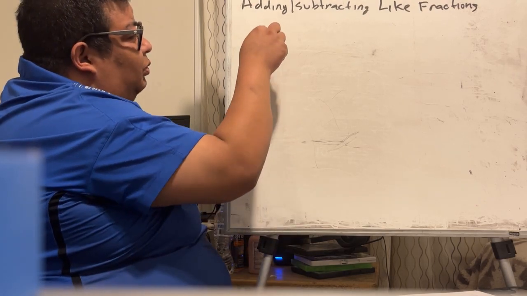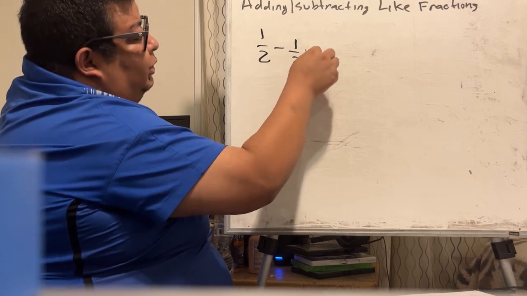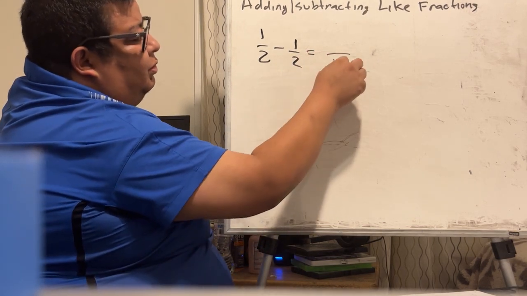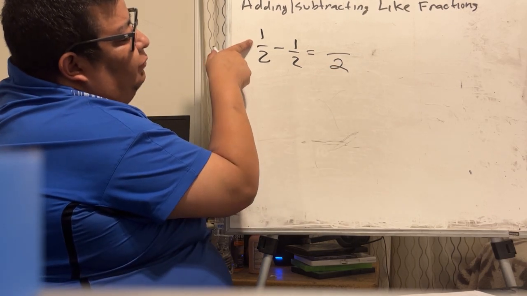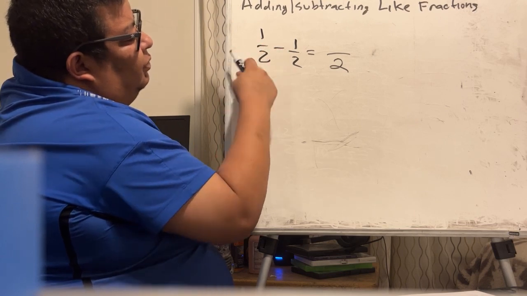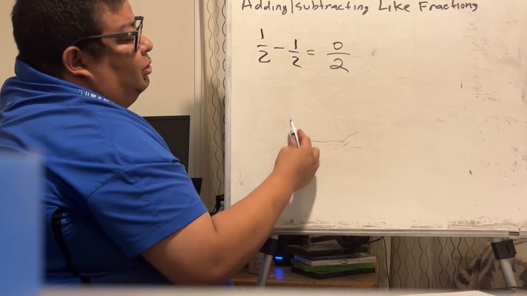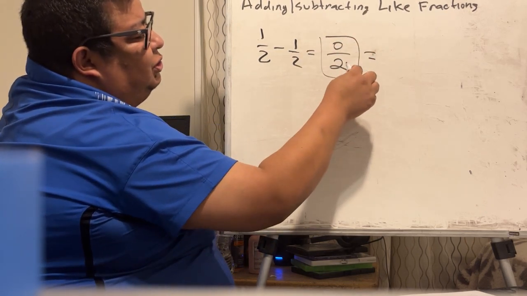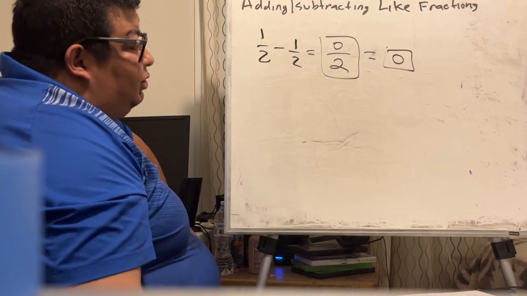So let's start with 1/2 minus 1/2. Just like addition, your answer is going to have the same denominator, 2, and then you subtract the right from the left. So 1 minus 1 is 0. So this would be your final answer. But you can simplify this because 0 over any number is always 0. So this will be your simplified answer.